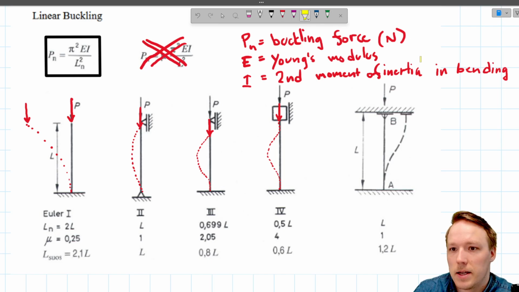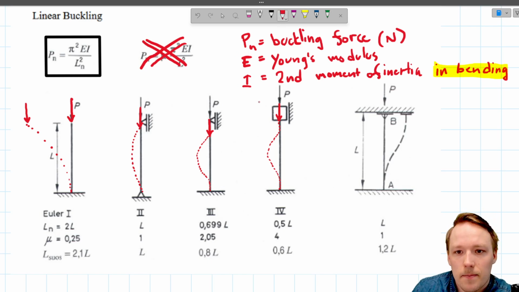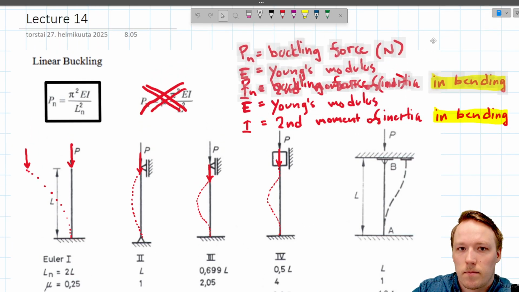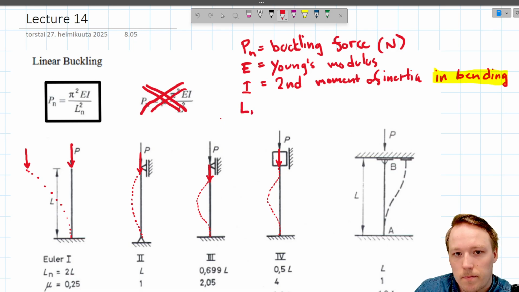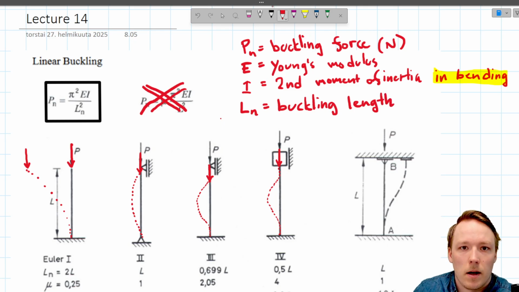I will highlight this. It is important that it is specifically the second moment of inertia against bending. And then Ln is the buckling length. And finally, like so.